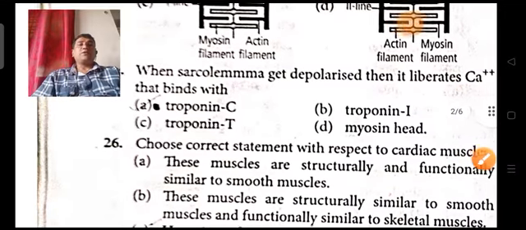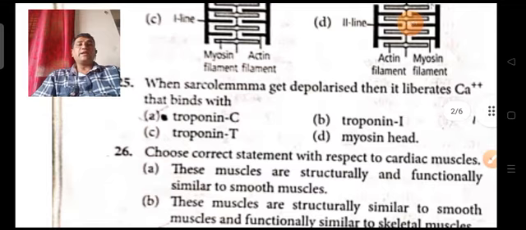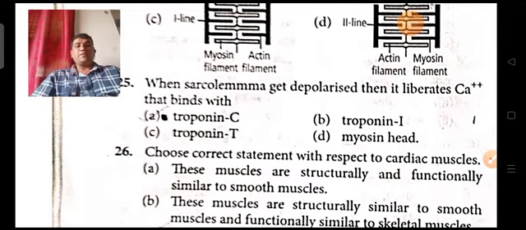Next, when sarcolemma gets polarized, then it liberates calcium ions that bind with troponin C, troponin I, troponin D, and myosin.